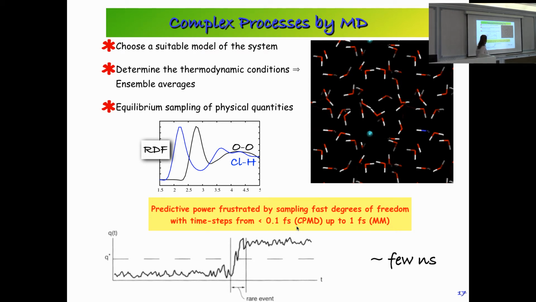Also, if you see a transition, but you don't have enough sampling, the system jumps from this value of this whatever reaction coordinate to this value of the reaction coordinate. You most probably have a lot of configurations here, a lot of configurations there, but very few in the middle, and so describing this region is problematic, since you don't have enough information.